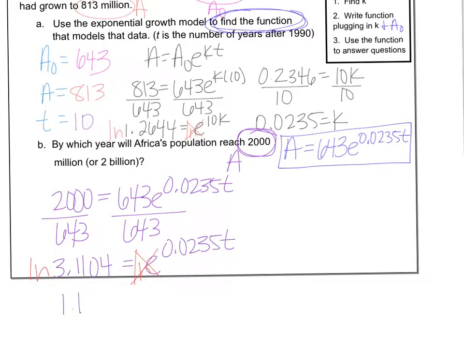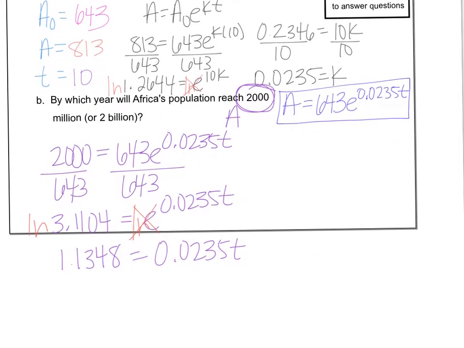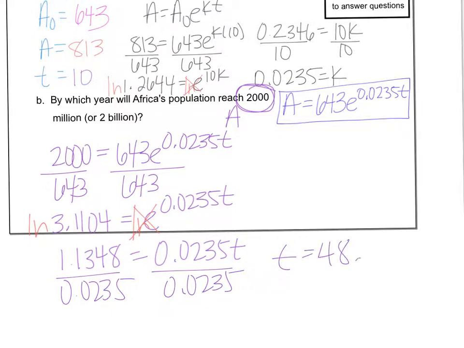1.1348 equals 0.0235t. And the last step, divide by 0.0235. t is equal to 48.3.